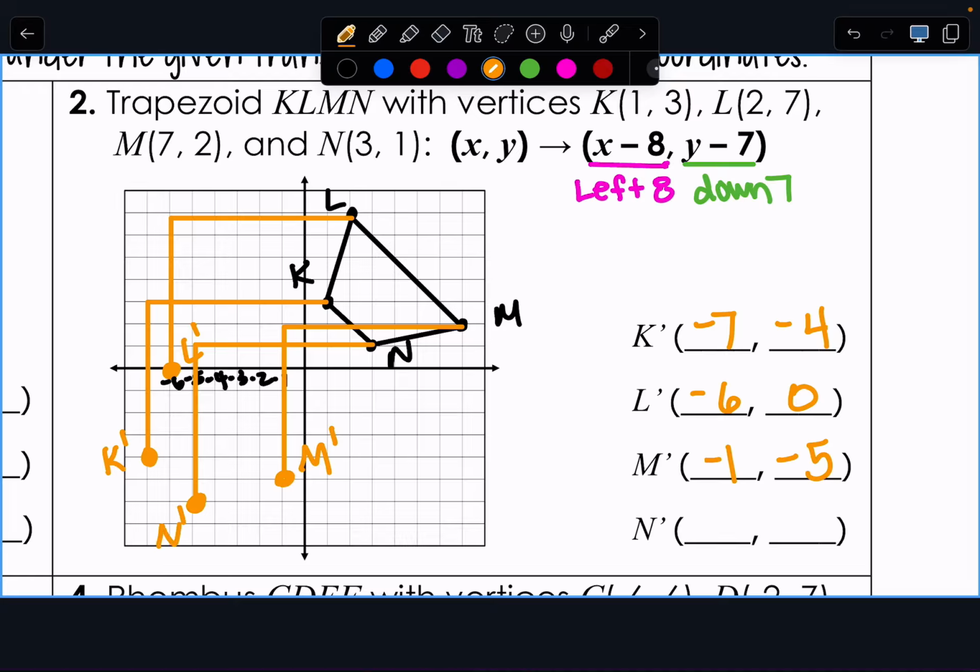And then if I go left 8 and down 7 from N to get to my new N, that I'm going to notate with N and an apostrophe. Okay, Kayla, what's our new coordinate? -5, -6.